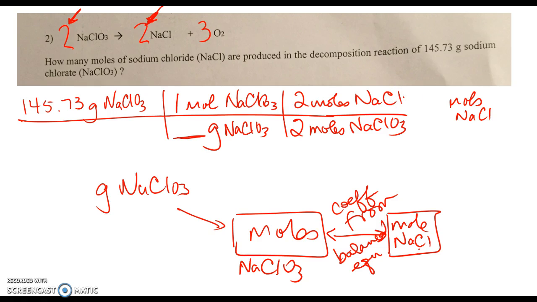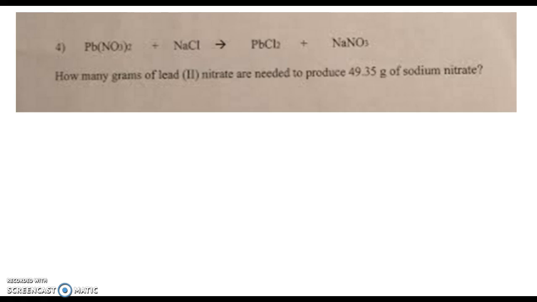So notice how everything cancels out. The grams of sodium chlorate, the moles of sodium chlorate, and I'm left with 2 moles of sodium chloride. Alright, each time this unit moves down, doesn't it? This unit moves down. It's a clue going forward.